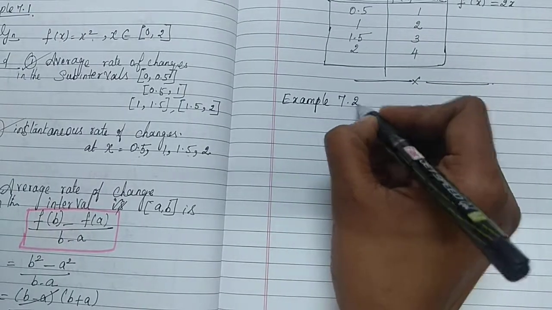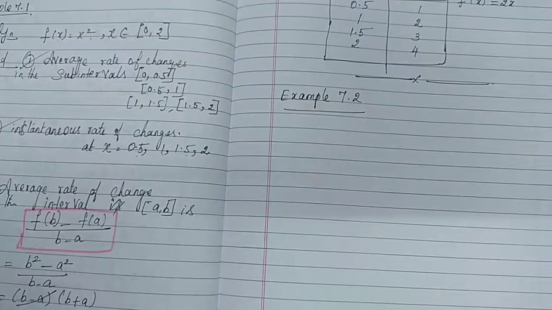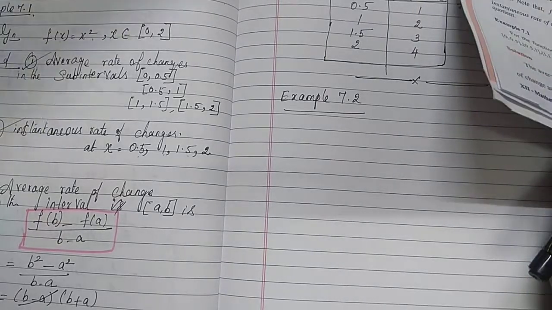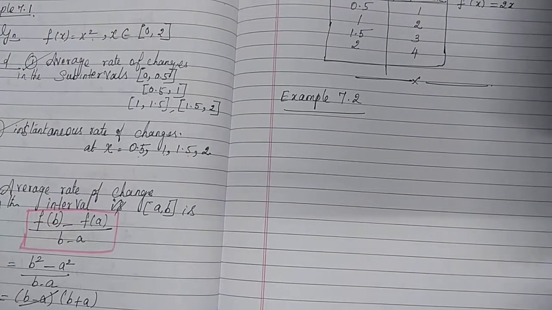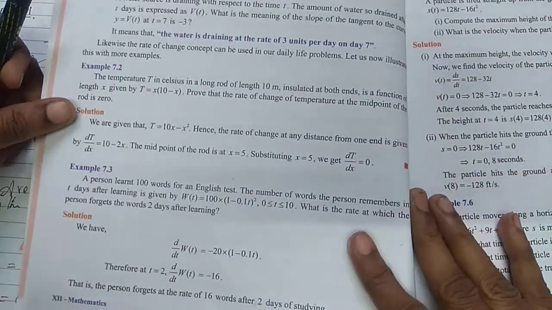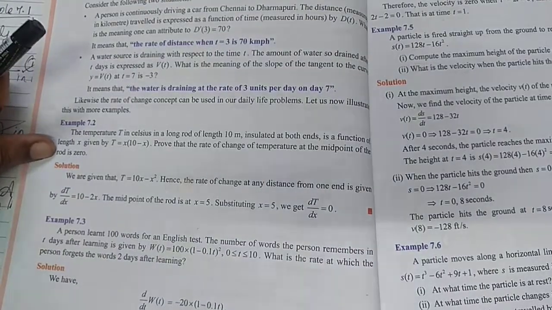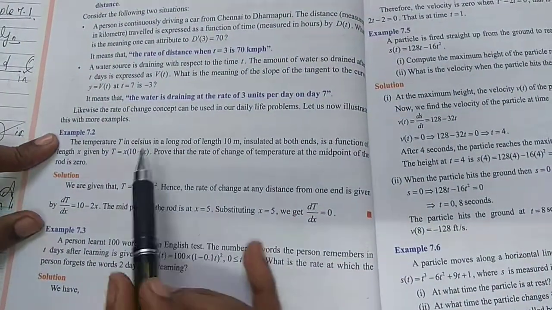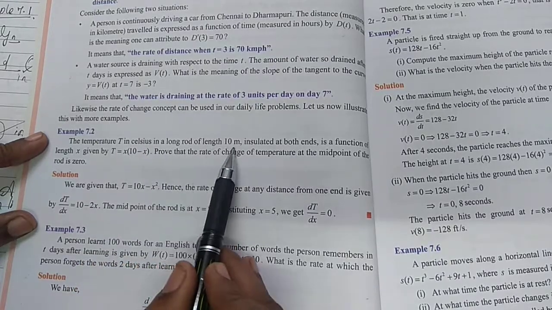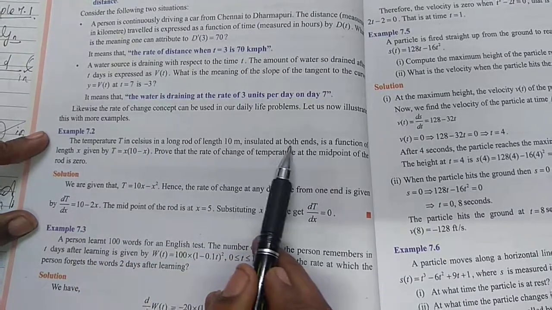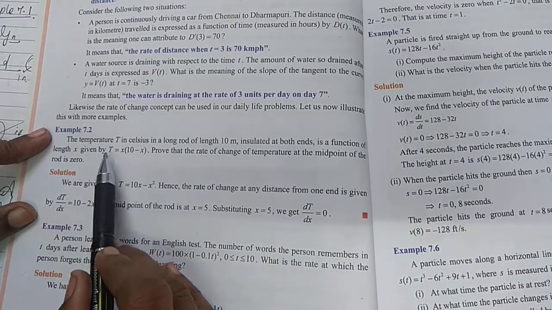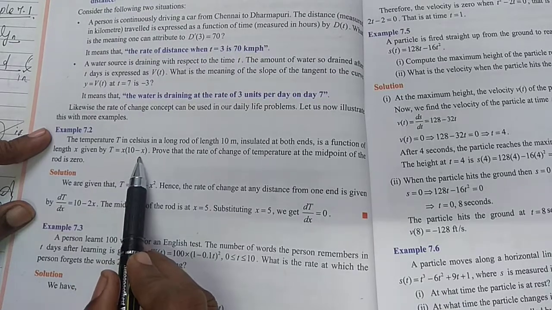Example 7.2. The question is, the temperature T in Celsius in a long rod of length 10 meter, insulated at both ends, as a function of the length x is given by T is equal to x times 10 minus x.